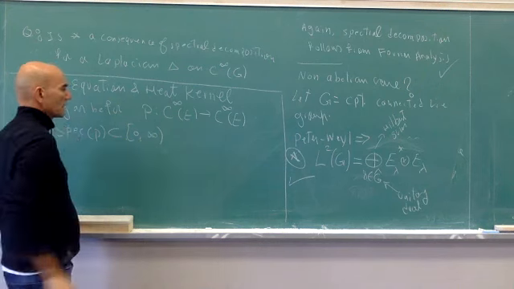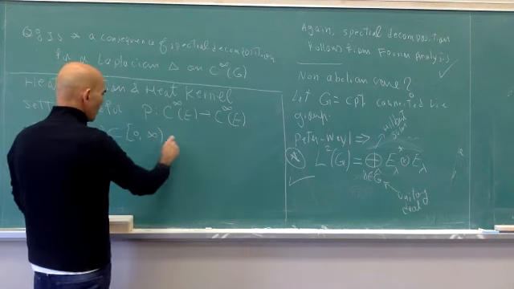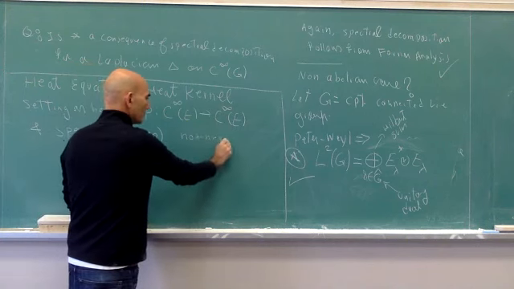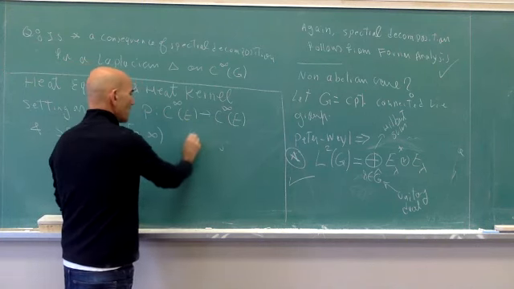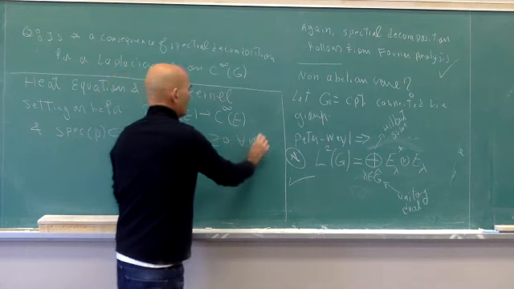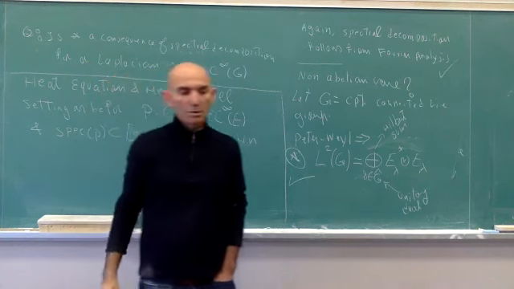So this is a non-negative object. These lambda n's are all bigger than or equal to 0. That's what we are assuming.